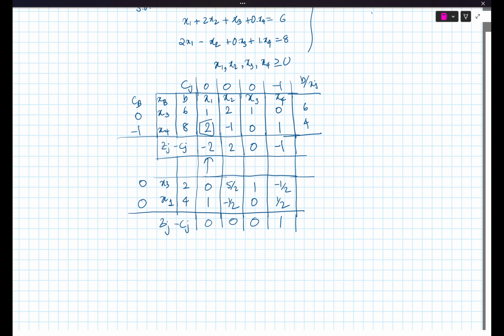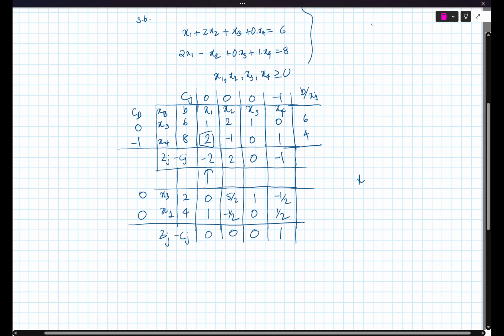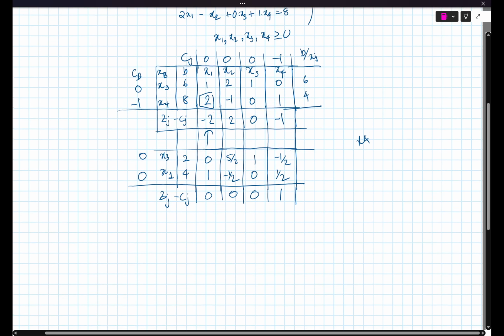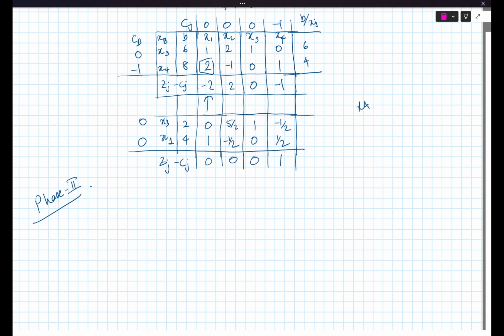So I have x3 and x1, but my artificial variable is not there in the BFS. Right, x4 was my artificial variable, and that is not there. So we can drop it in our second phase. So now we start phase two, and I drop the artificial variable.